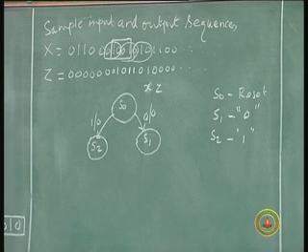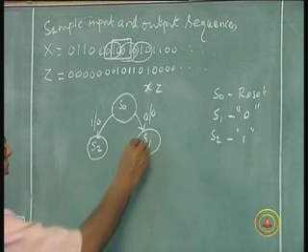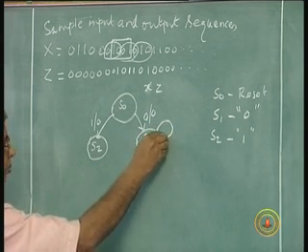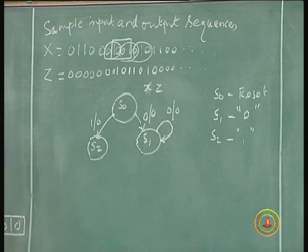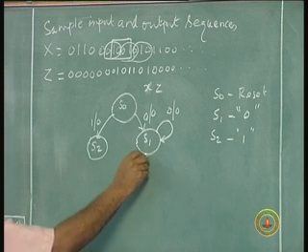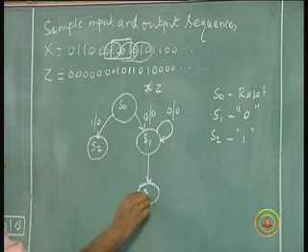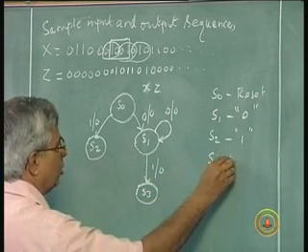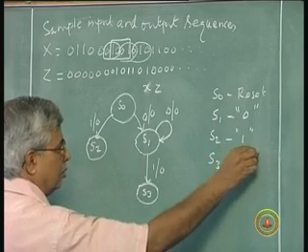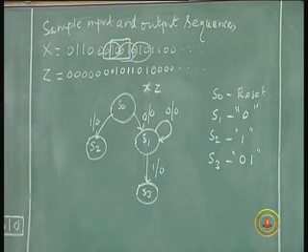Then in S1 again it can be 0 or a 1. If it is a 0, it is not going to give you any extra information. So, it could be the start of the same new sequence of 0. On the other hand, if it is a 1, we will go to S3, because we have now identified a 0 followed by a 1, which could be the first 2 bits of a 0 1 0 pattern.